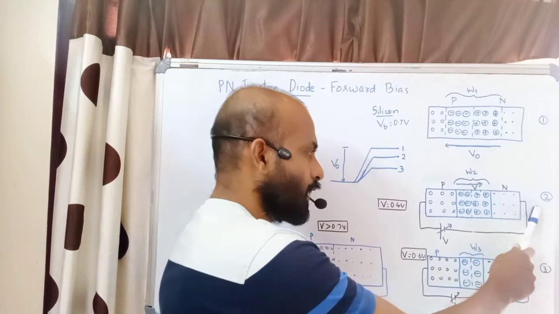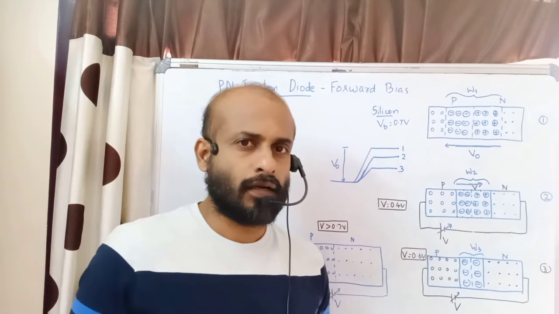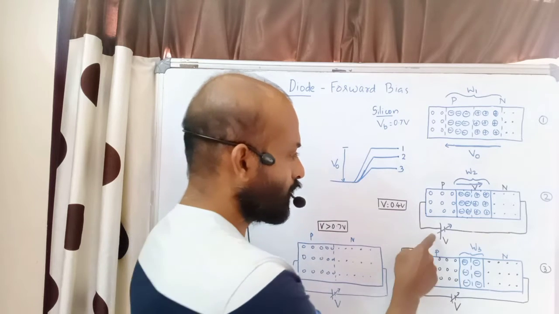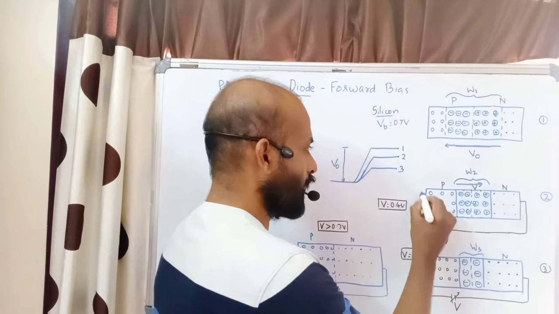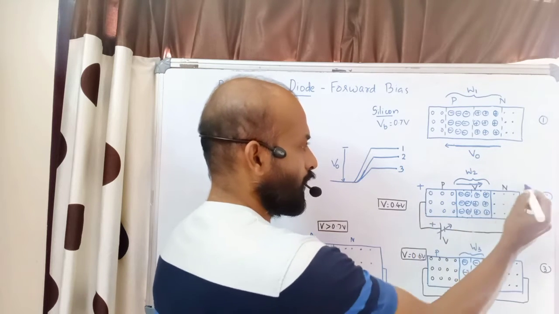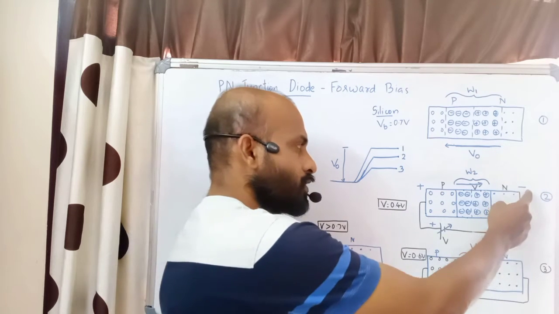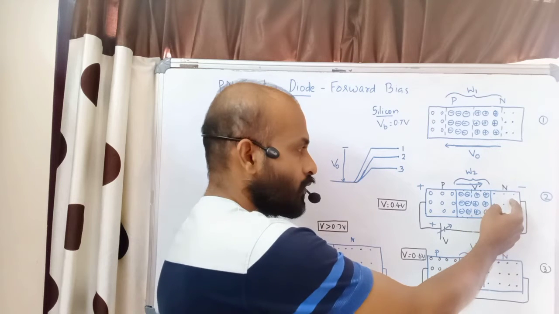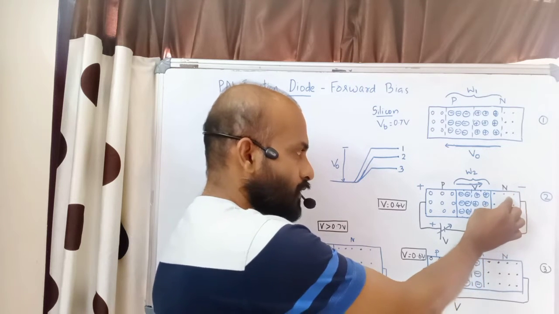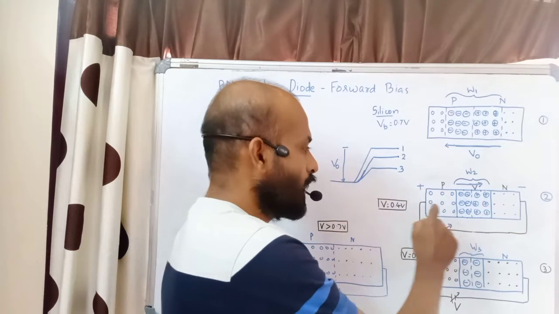Now what happens is, this is the positive terminal, here will be a high positive potential, here will be a high negative potential. So this negative potential repels all the electrons in the N side. These electrons will be repelled from the N side and move towards the junction because it has got some potential.